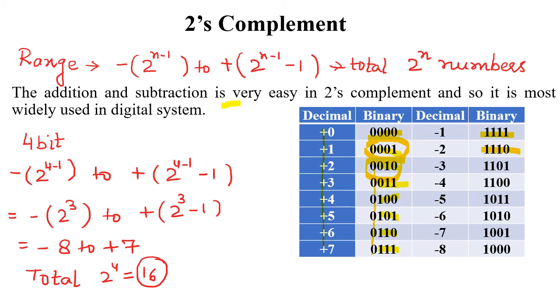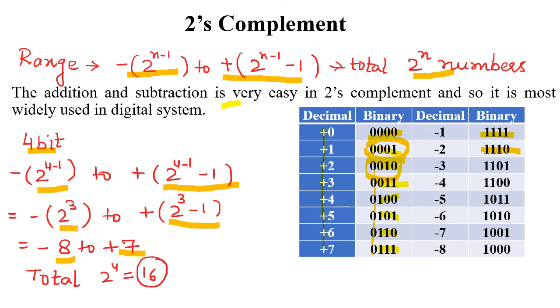Now the range for 2's complement number is minus 2 to the power n minus 1 to plus 2 to the power n minus 1 minus 1. Total we have 2 to the power n numbers. For a 4-bit number, the range is from minus 2 to the power 4 minus 1, that is 4 minus 1 is 3, that is minus 2 to the power 3, that is from minus 8 to plus 2 to the power 4 minus 1 minus 1, that is 2 to the power 3 minus 1, that is 8 minus 1, that is plus 7.